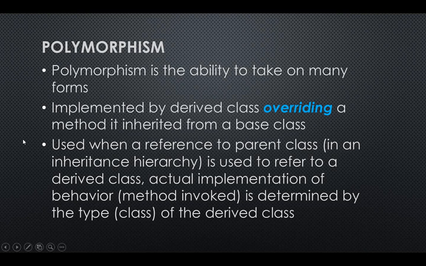So it's used when a reference to a parent class in an inheritance hierarchy is used to refer to a derived class. That sounds murky and confusing, so let's go back to our sensor example. The actual implementation of the find game piece method in the camera sensor class is going to be different than the actual implementation in our ultrasonic sensor class.